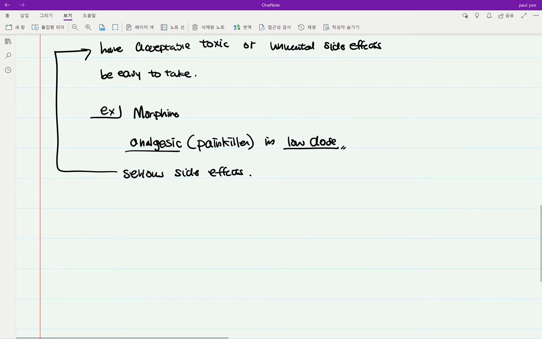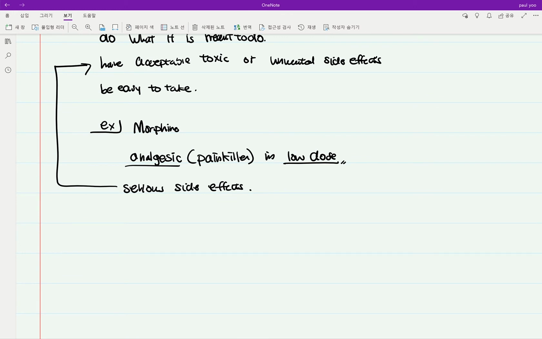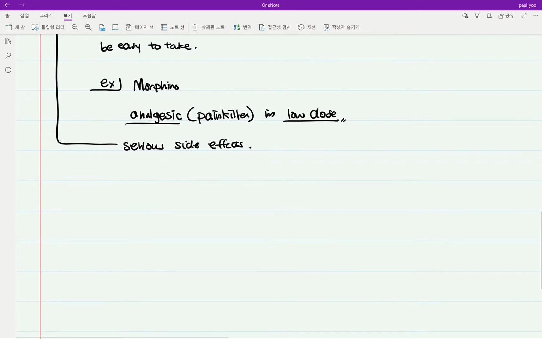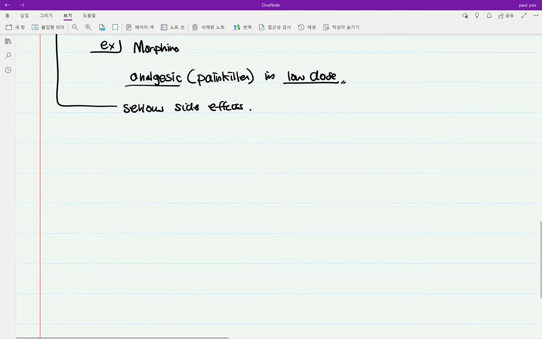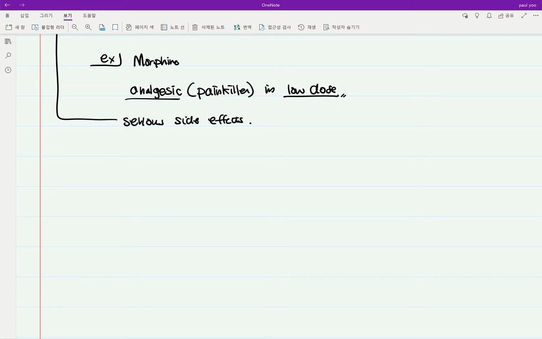It has addiction and intolerance, and also it causes respiratory depression and may kill if taken in excess. So it has very serious side effects, and we can consider morphine as a bad drug.